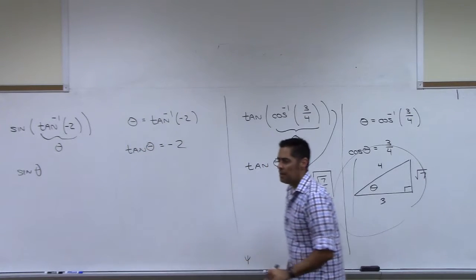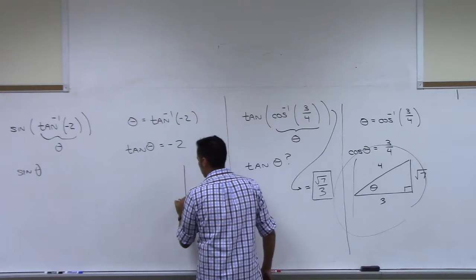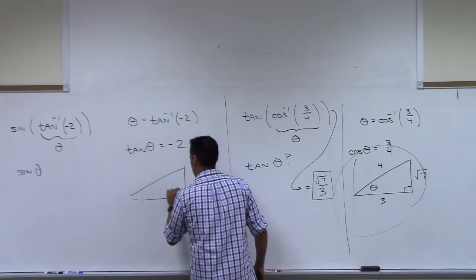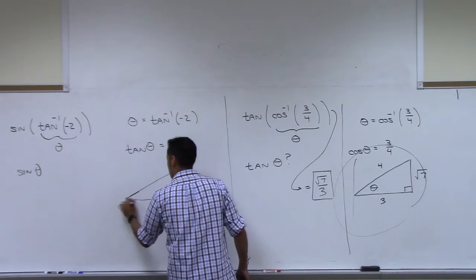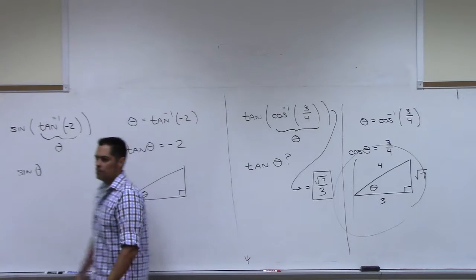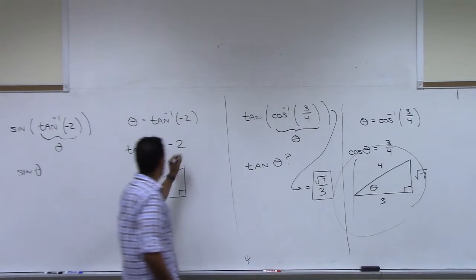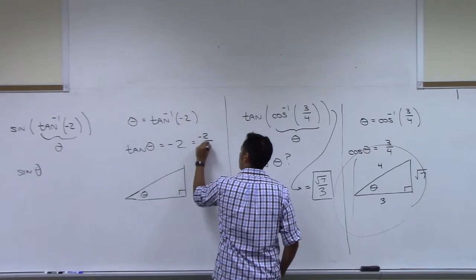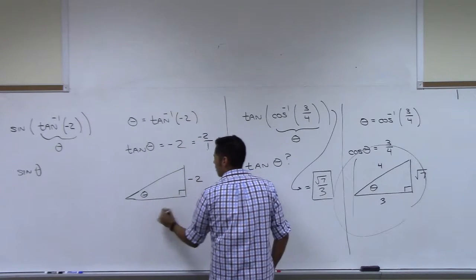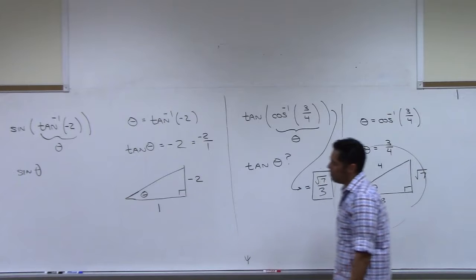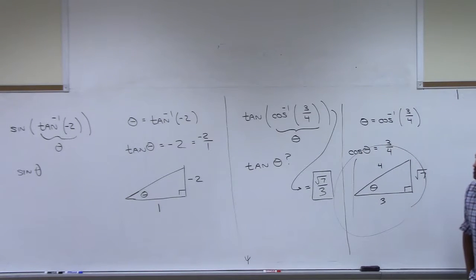Then I go to draw a right triangle. How do I label this? Opposite would be -2 and adjacent would be 1. So you're going to rewrite this as -2 over 1, right? So this is -2 and this is +1.